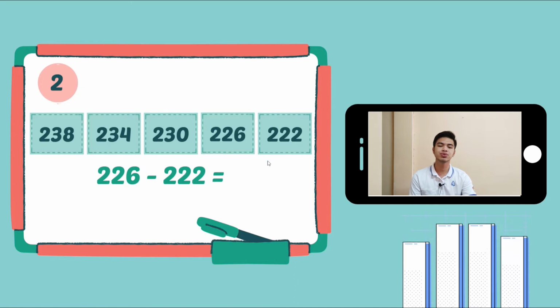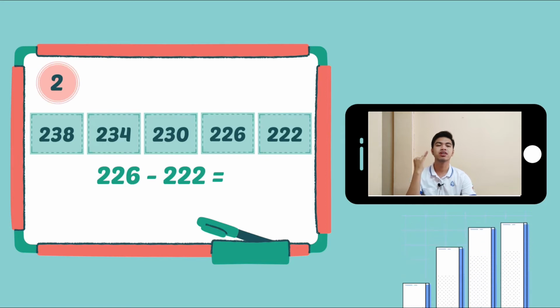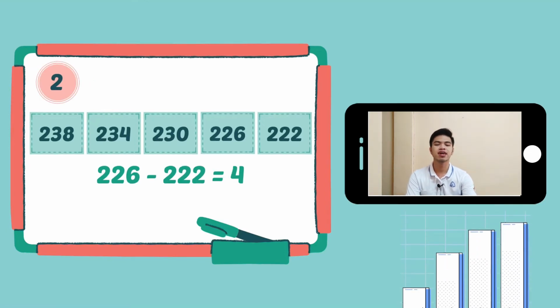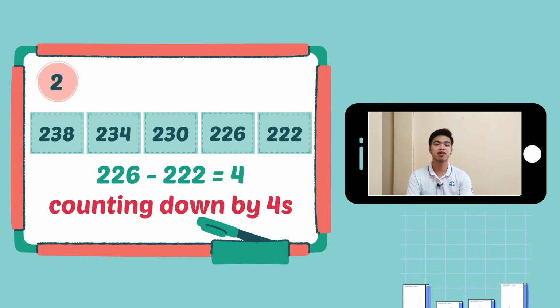So, we're going to subtract. So, 222, 223, 224, 225, and 226. So, 226 minus 222 is equal to 4. Therefore, the counting down of this pattern is counting down by 4s.